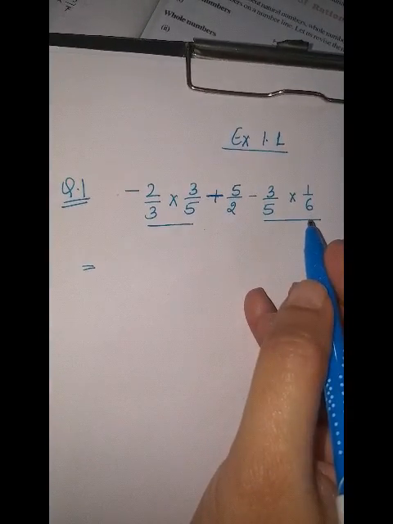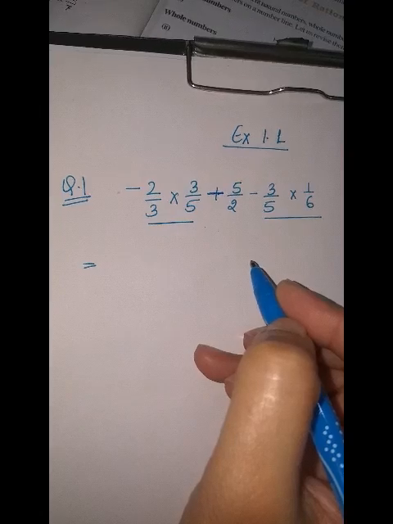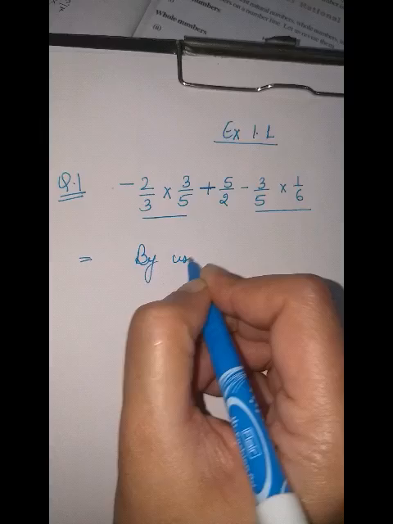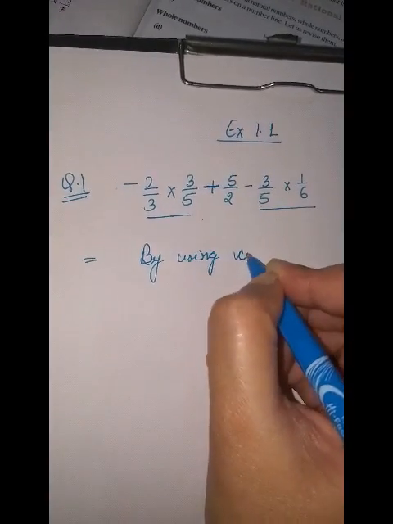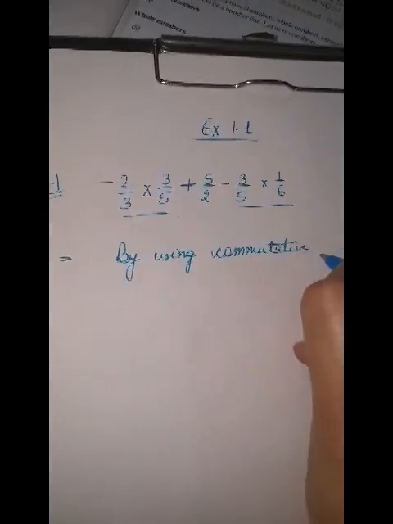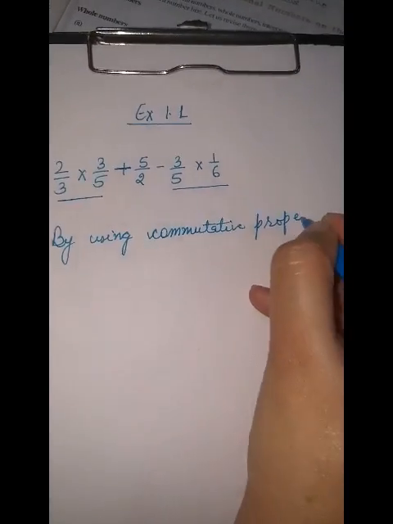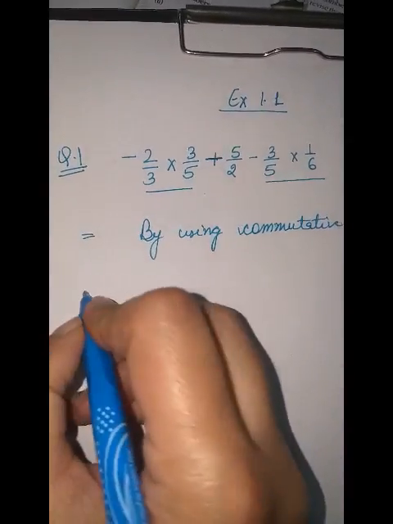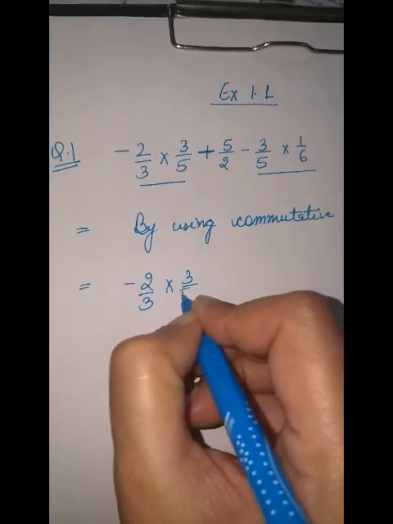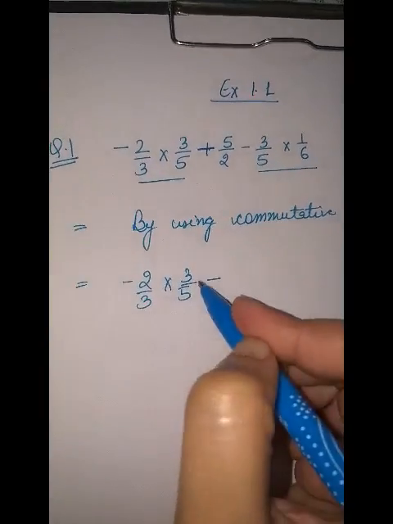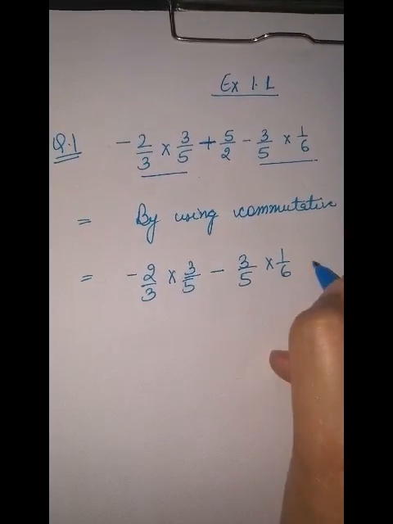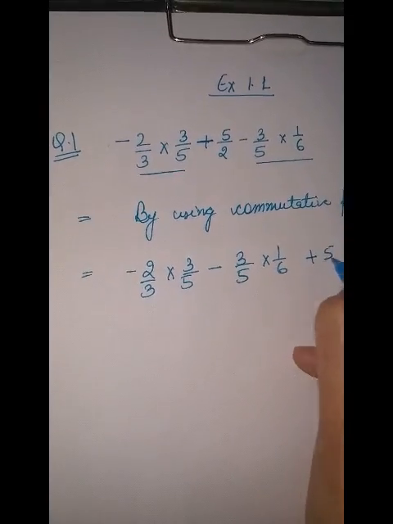So first we will apply here commutative property, means we will rearrange this by using commutative property. Now it will become -2/3 multiply by 3/5 and we will take it here minus 3/5 multiply by 1/6 plus 5/2.